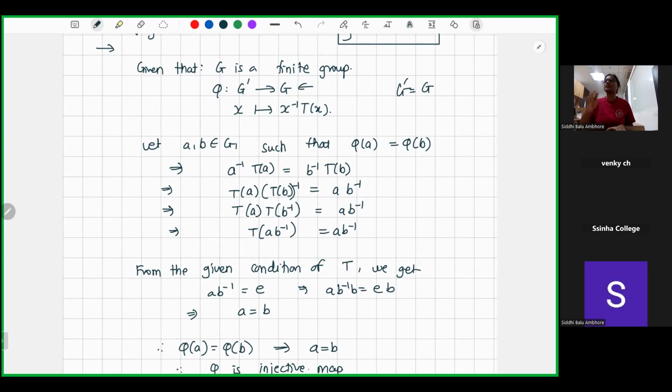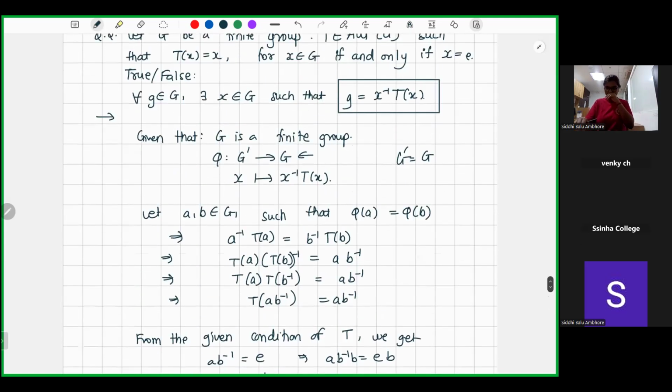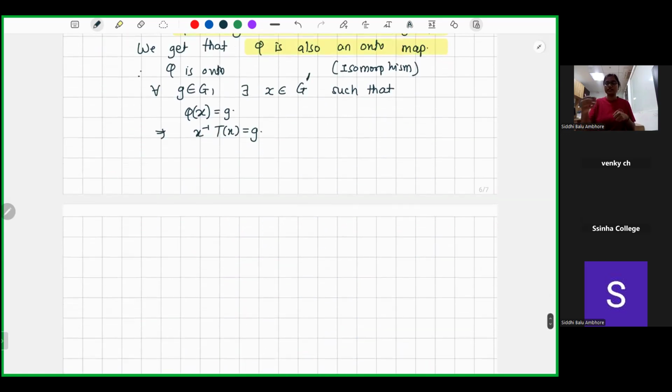I'm just expressing both domain and codomain differently to understand the difference. If I choose some g in G, there exists some x in G dash such that phi of x will be g. But what is phi of x? It is x inverse Tx. So for every g, I'm getting some x, which is precisely the pre-image under phi, such that this x inverse Tx will be g.